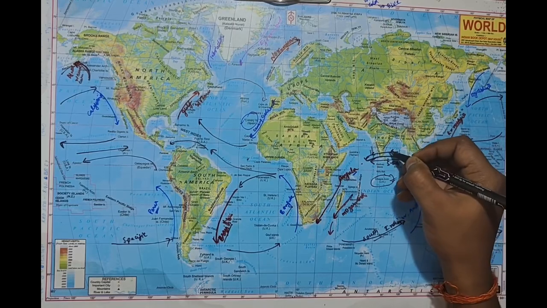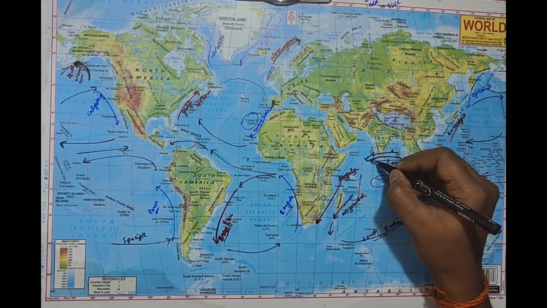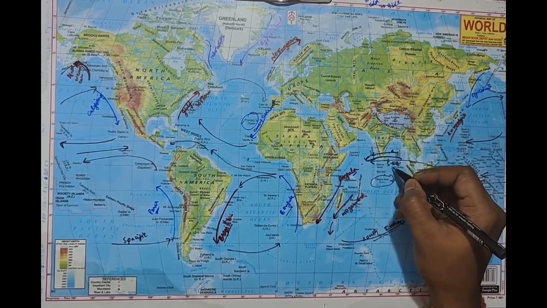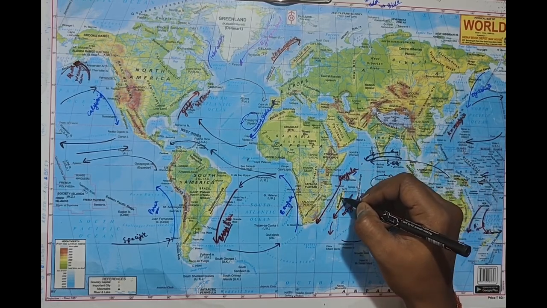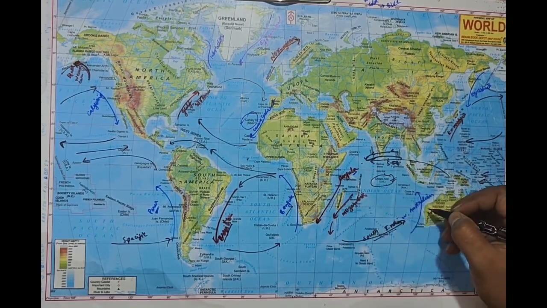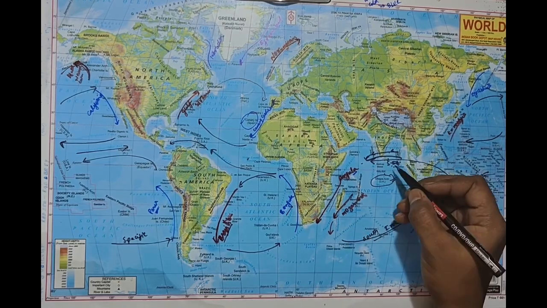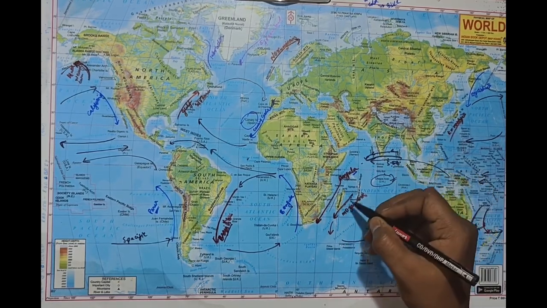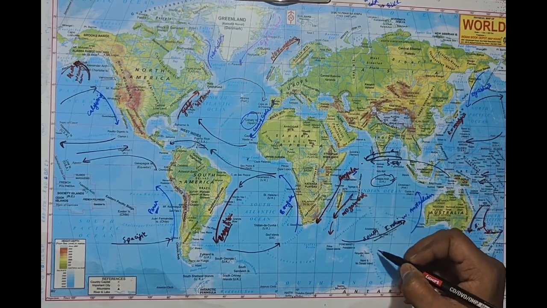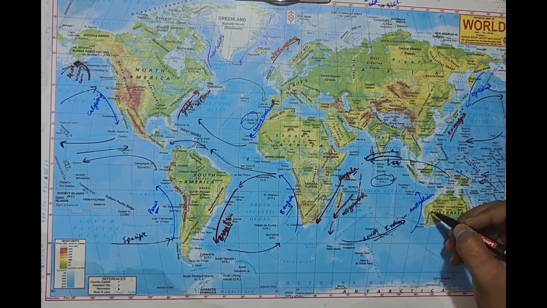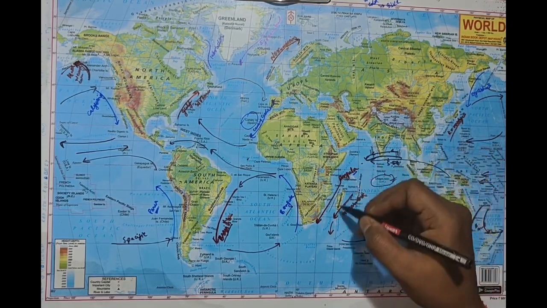Okay, North Equatorial is over here and it's making a counter current to South Equatorial, and South Equatorial is moving in a downward direction towards Mozambique. Okay, and this is flowing in a circular direction. Again I am telling you, South Equatorial is moving towards Mozambique, towards Australia, and again it's making a circular direction.